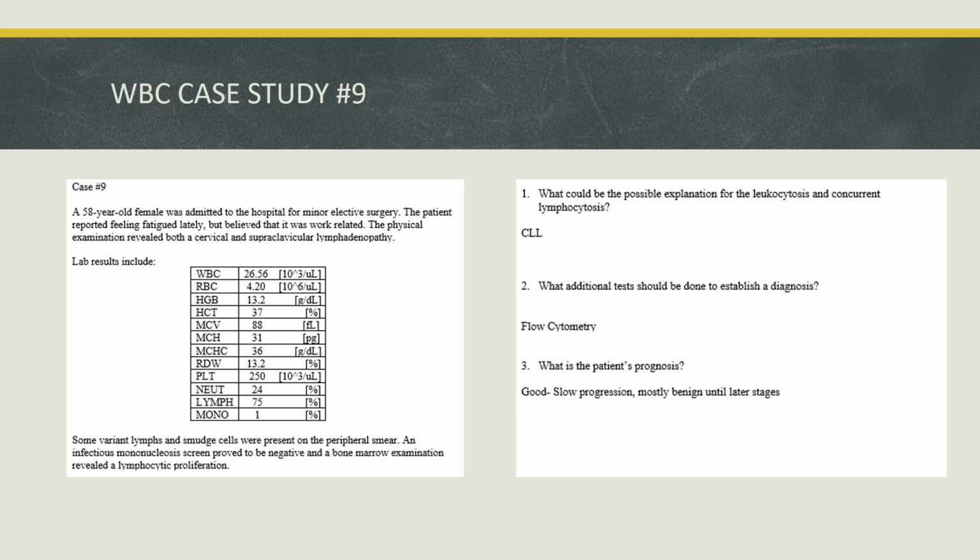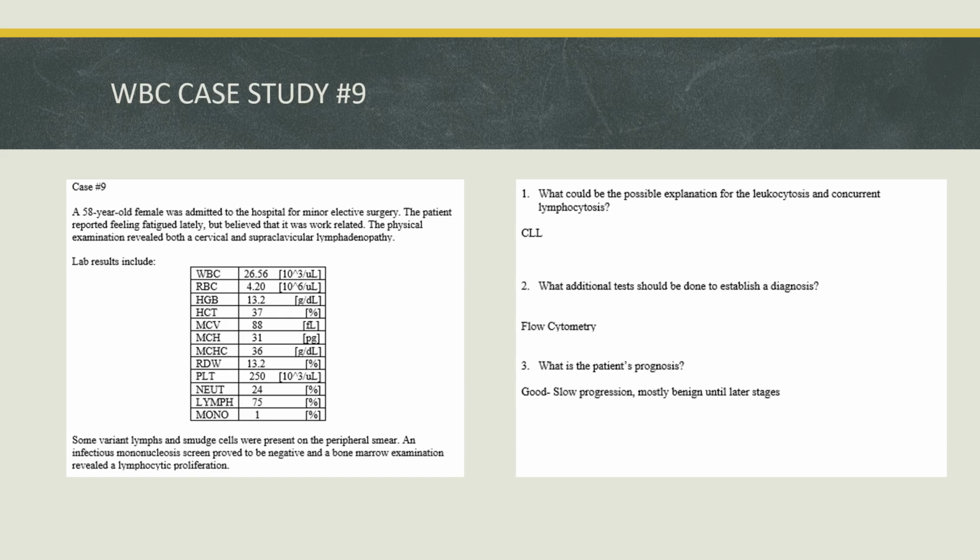So let's look here. What do you notice about the differential in this? Those lymphocytes are high in comparison to what a normal lymphocytic range would be. The neutrophils are low. The white blood cell count is elevated overall. And that would give us not only a leukocytosis, but a concurrent lymphocytosis.